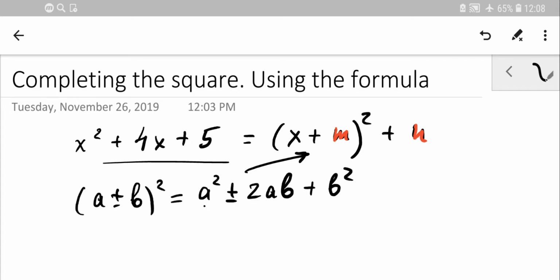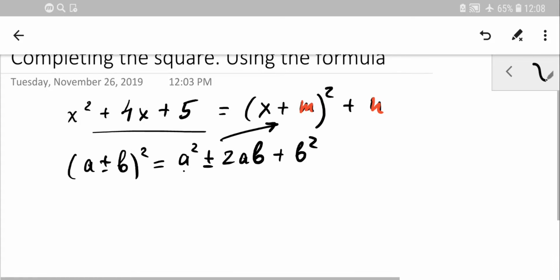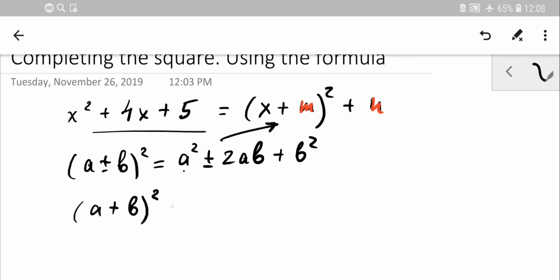I'll do a little recap of how we figured it out. Because we have plus 4x, a middle term with a positive sign, we simply use the formula for the square of the sum of two numbers, a binomial expression.